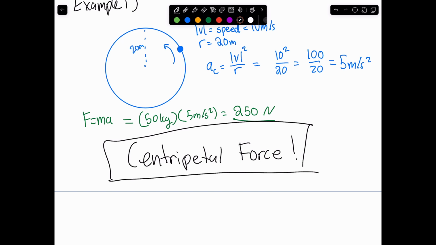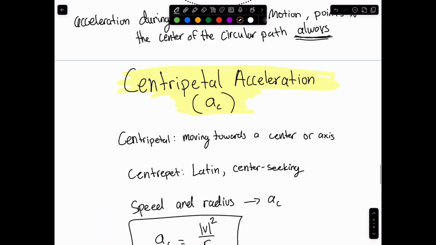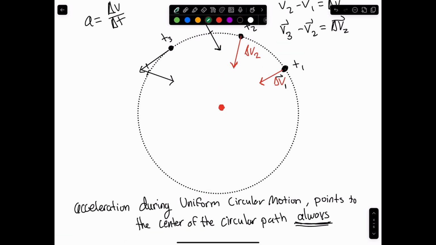Well, you're right, it does. The force vector is also pointing to the center of the path. And you might remember from our Newton's second law video that force and acceleration point in the same direction, and so it should make sense why force here is also center-seeking if the acceleration is center-seeking.